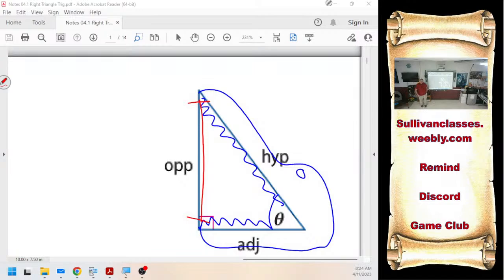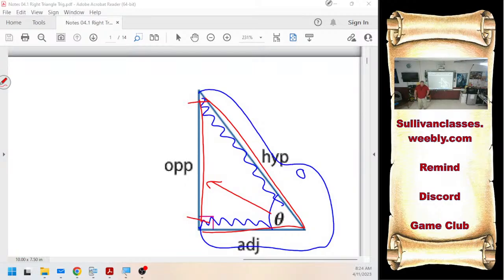Okay? It's always across from, opposite from theta. The difference between opposite and adjacent is opposite is literally across from theta. So you have the biggest one is the hypotenuse, across from 90. You have the one across from theta is going to be your opposite, and adjacent, y'all know the word adjacent means next to. So adjacent is just whatever is next to the other angle formed with the hypotenuse.